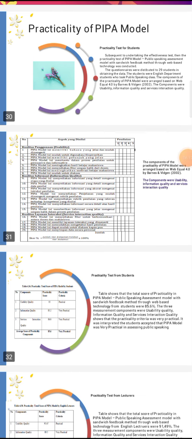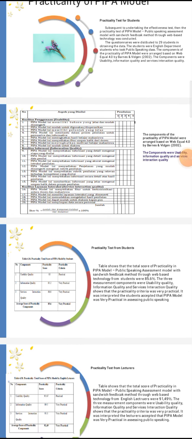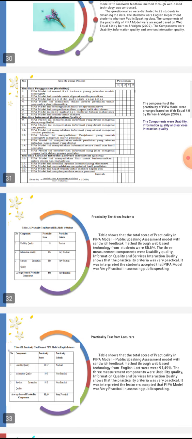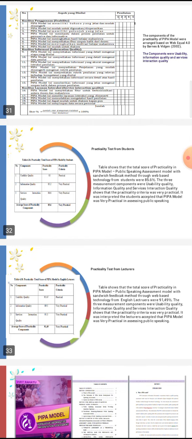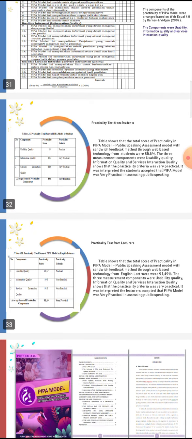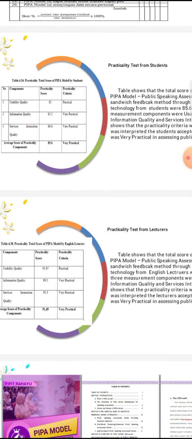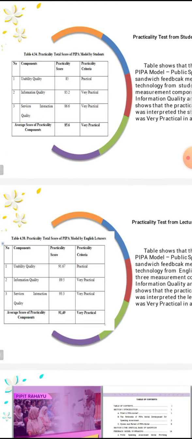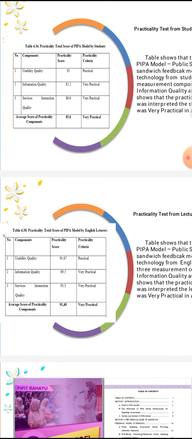From these three parts, we can see the result of the practicality test from students on the slide. The usability quality component was 85, or practical, information quality 85.2, very practical, and service interaction quality 86.6, very practical.